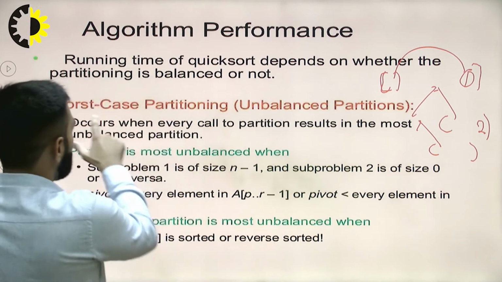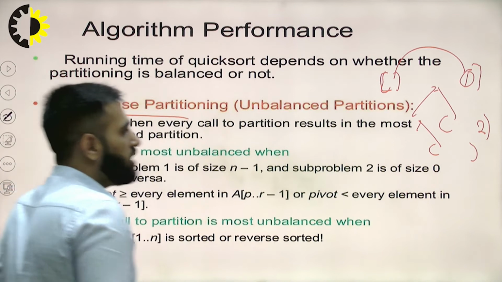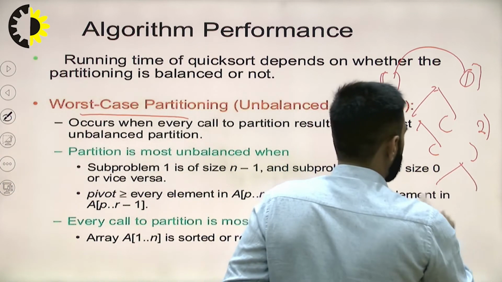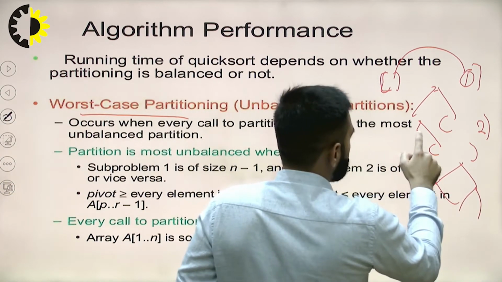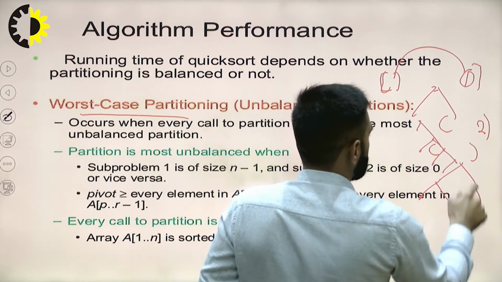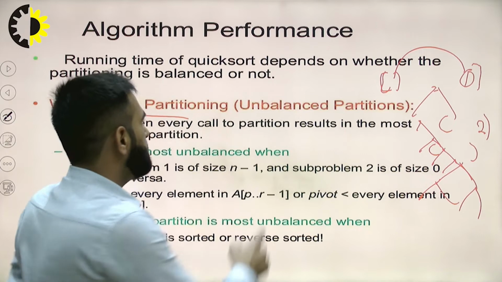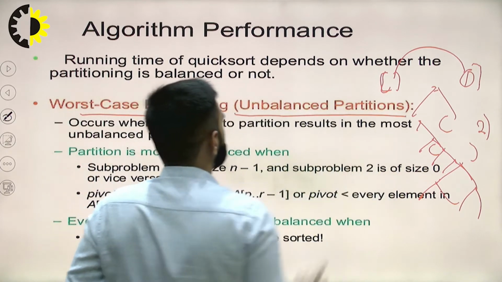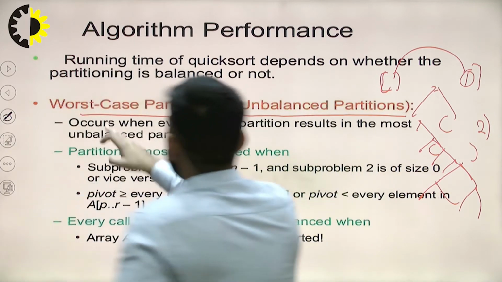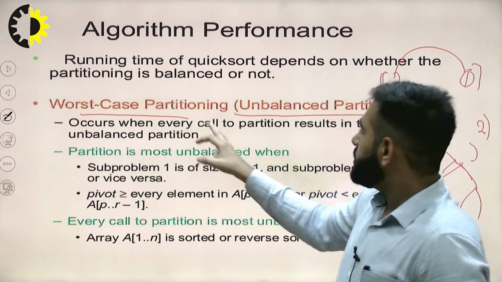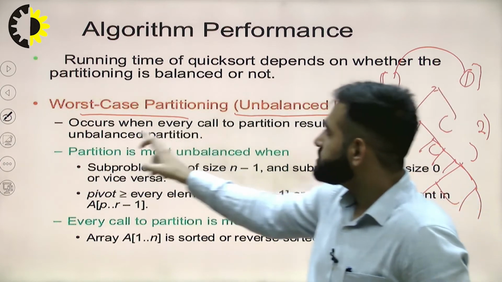That's why it is worst case partitioning. We are not balancing the tree. Always some gaps are there. This is the worst case partitioning, or the unbalanced partitions. It occurs when every call to partitioning results in the most unbalanced partitioning.